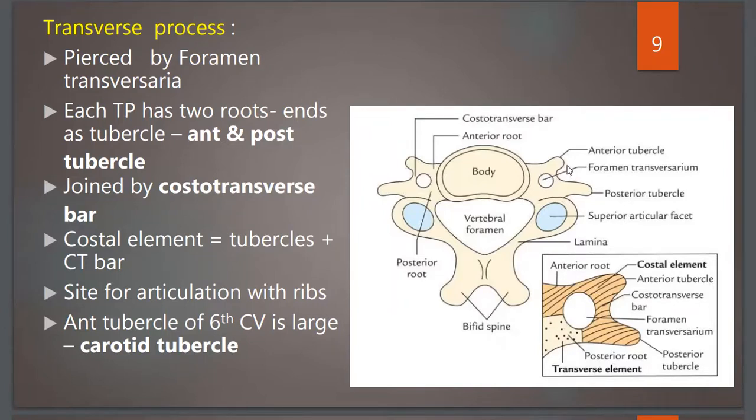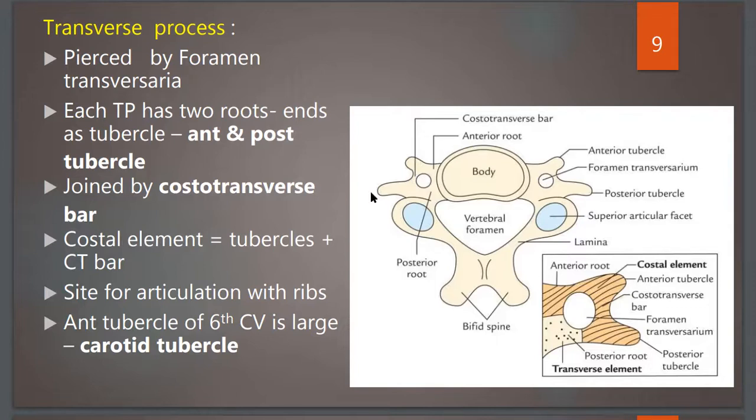The anterior and posterior tubercles are joined by the costotransverse bar. You can see this area is the costotransverse bar. The anterior tubercle and costotransverse bar together are called the costal element.